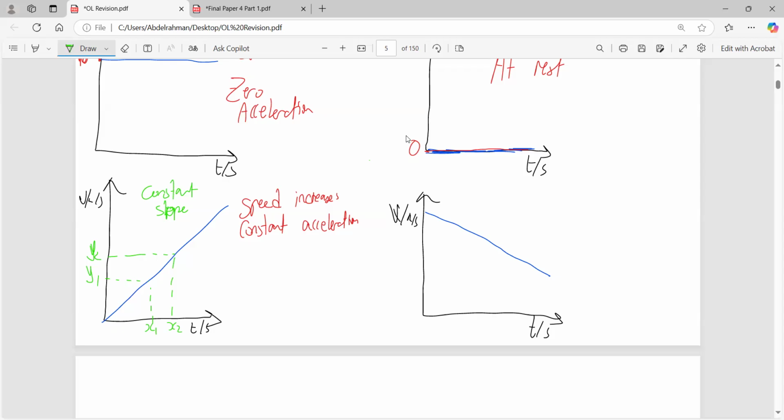You need to say change of the velocity, v2 minus v1, y2 minus y1. That's why you say v minus u over t. So you must find two points on the straight line to find the slope.